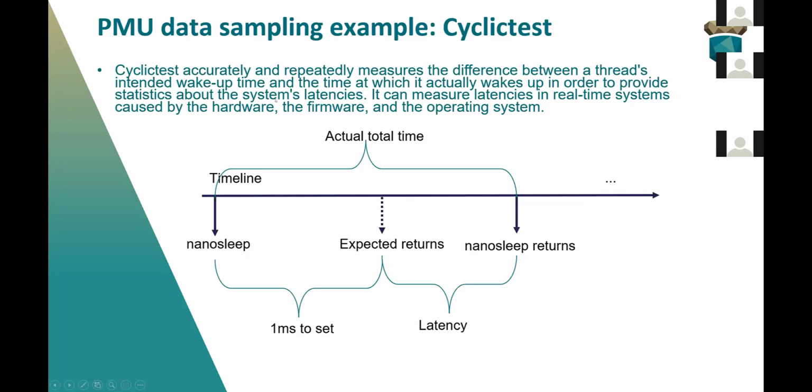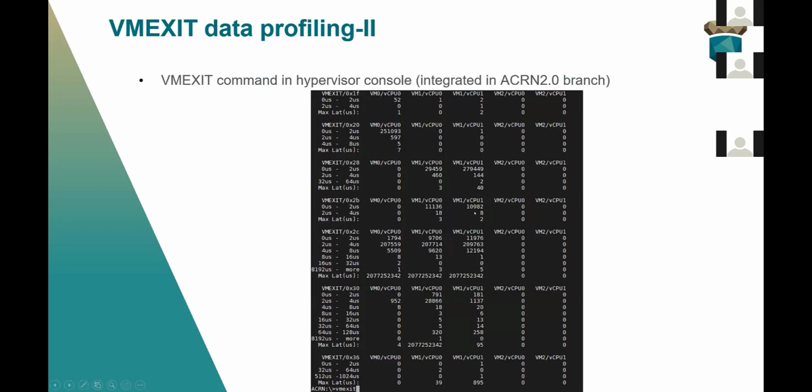Minggui, hi. I have a question for you. If you go back one slide, it's this command, vmexit. Did you say it's in the 2.0 branch but not in master? It's not in the master branch, just the ACRN 2.0 branch. You can check it out on GitHub. It was also upstreamed, but just integrated in this branch, because it is a debug patch our customer required.